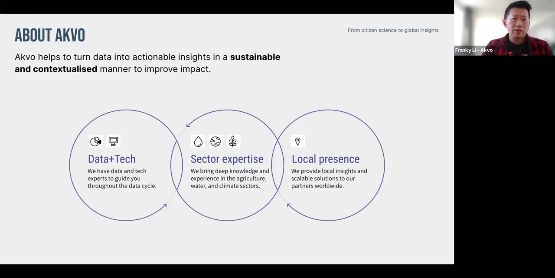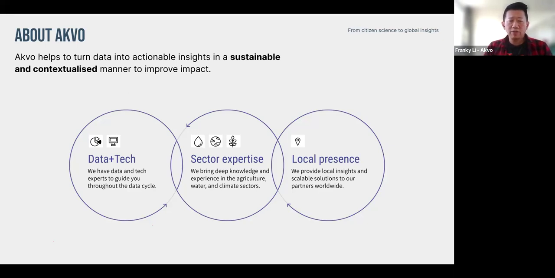So the three areas of AKVO, first of all, data and tech. We are comprised of software specialists and also data specialists that are involved in building these tools. In addition, we have sector expertise, such as myself. I'm a water specialist.